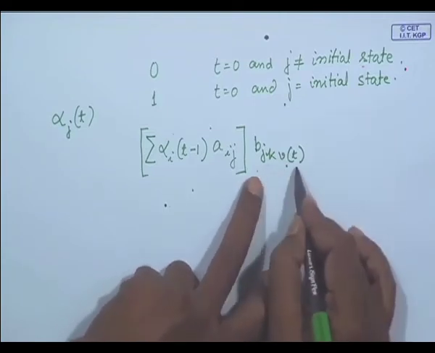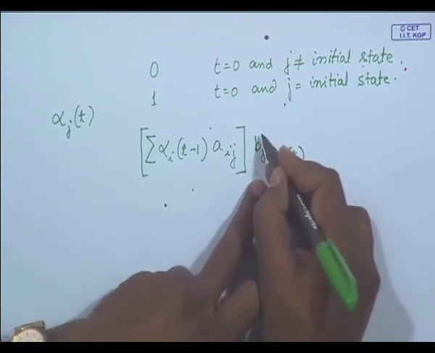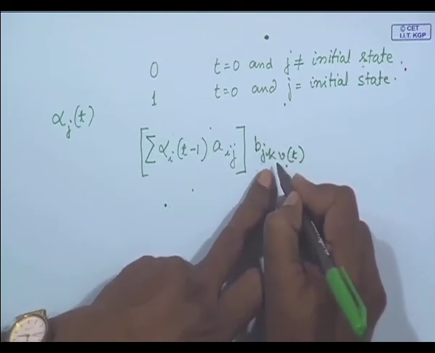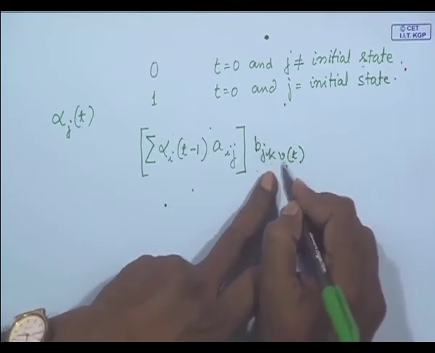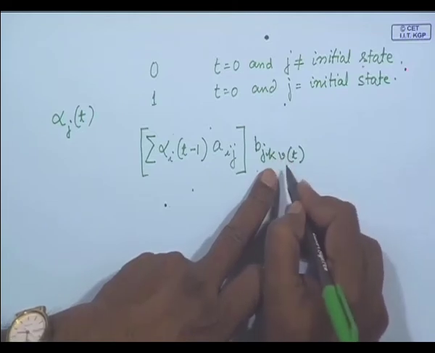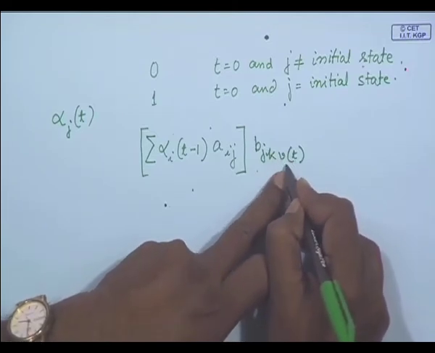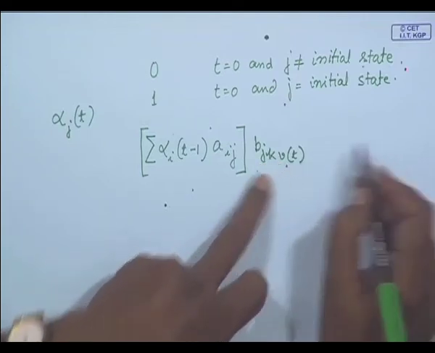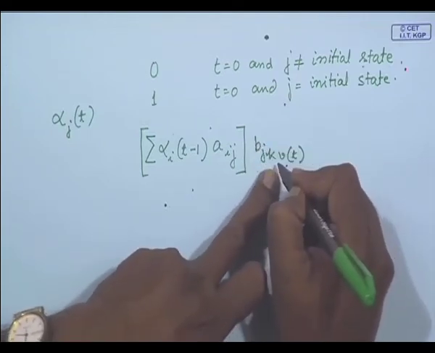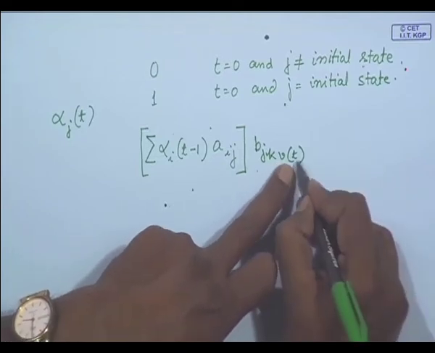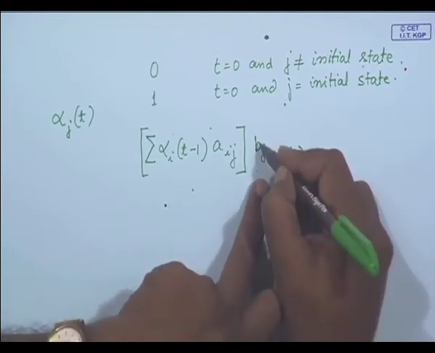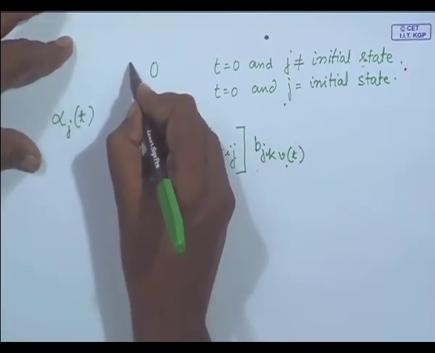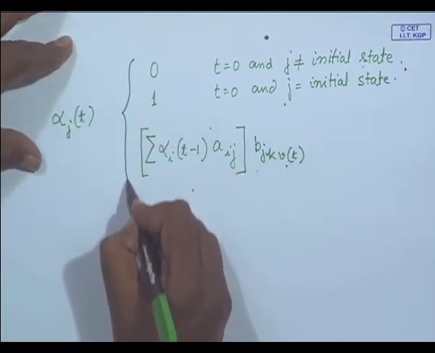So this b j k v t indicates that the probability is chosen by the tth visible symbol. If v t is equal to v 1, this will simply be b j 1. If v t is equal to v 4, this will be b j 4. So I make use of this particular definition.